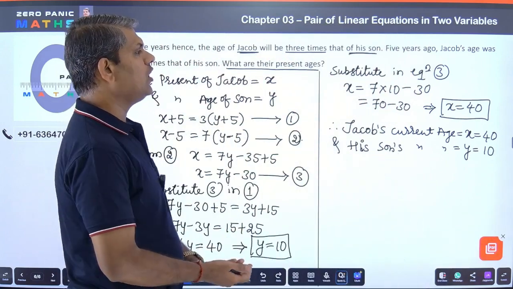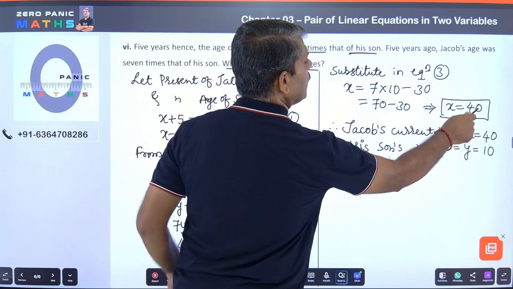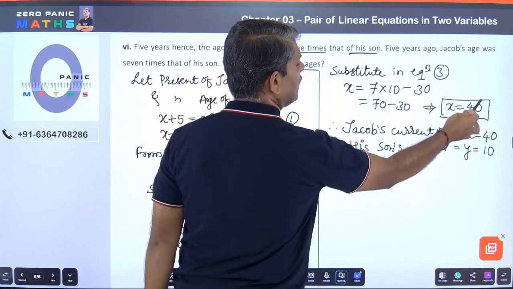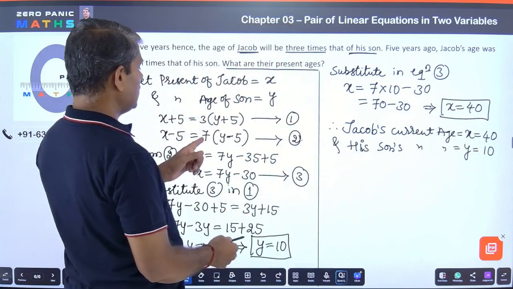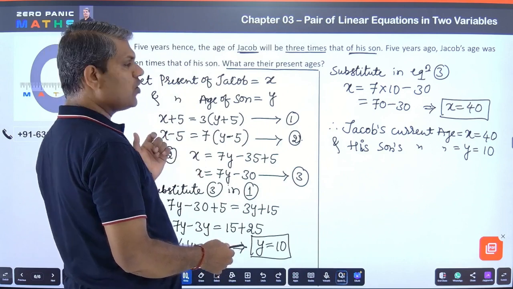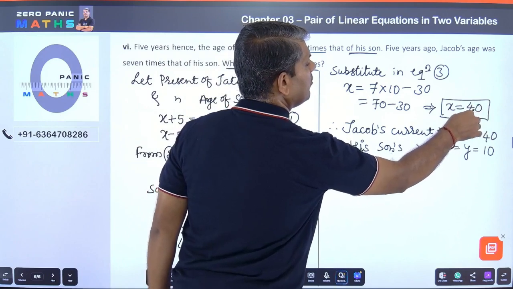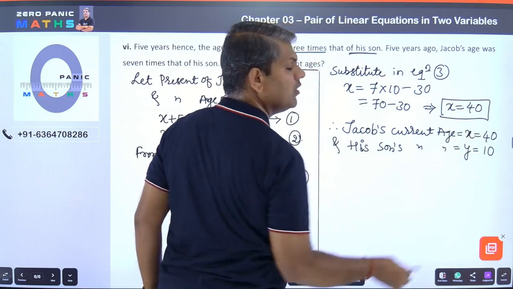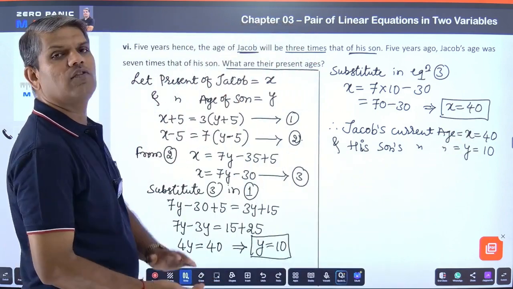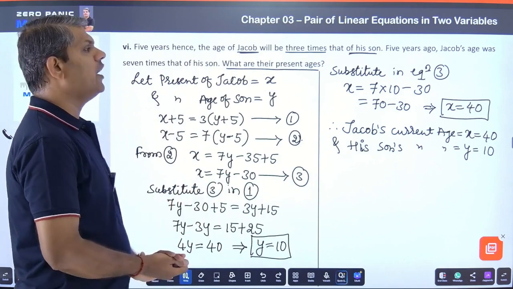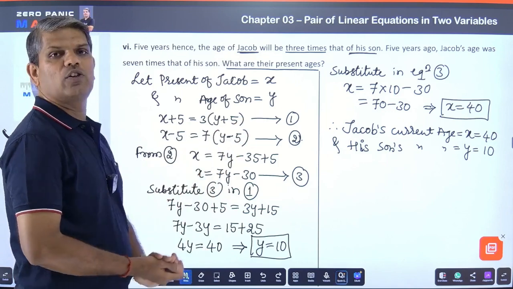If you want, you can verify that also. Currently it is 40, so 5 years before it was 35 and his son was 5. So 35 was 7 times the age of his son. After 5 years from now, he will become 45 and his son will become 15. So 15 threes are 45. That is how you verify your answers, just to be sure that you are correct.